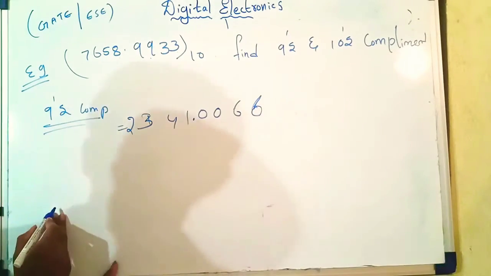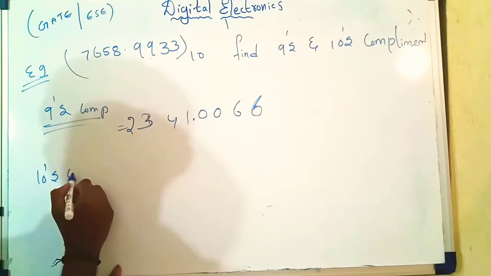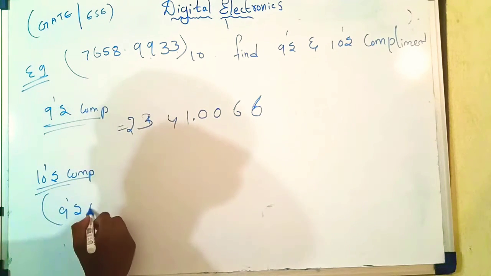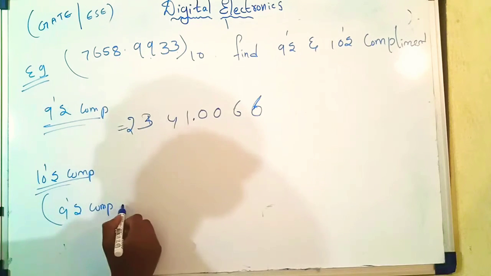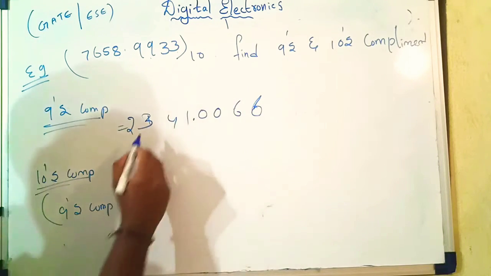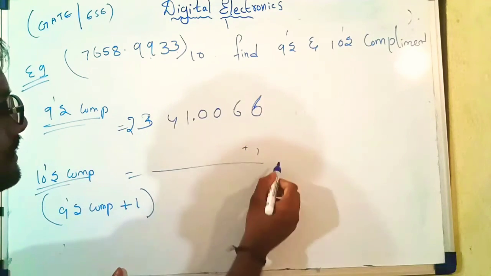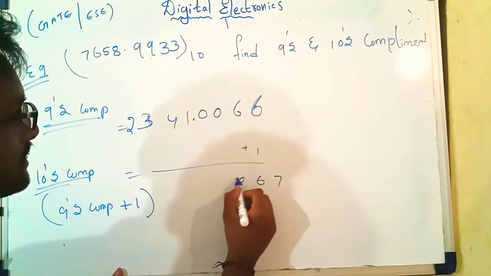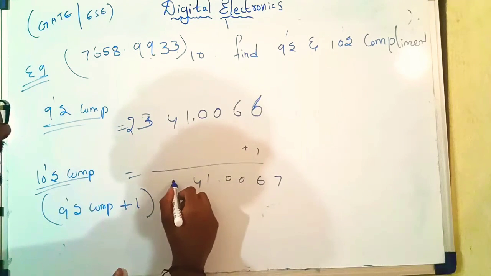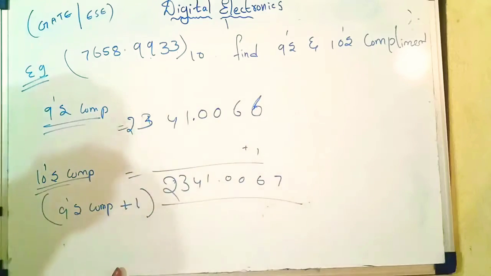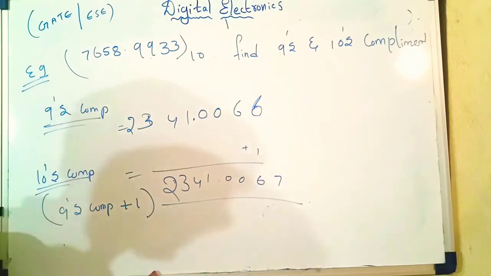So this is the 9's complement. For 10's complement, this is nothing but 9's complement plus 1. So add 1 to this. We will get 7600.1432. This is the 10's complement.